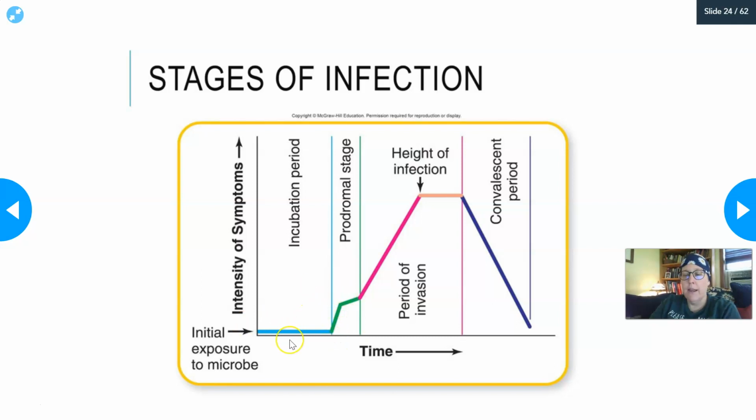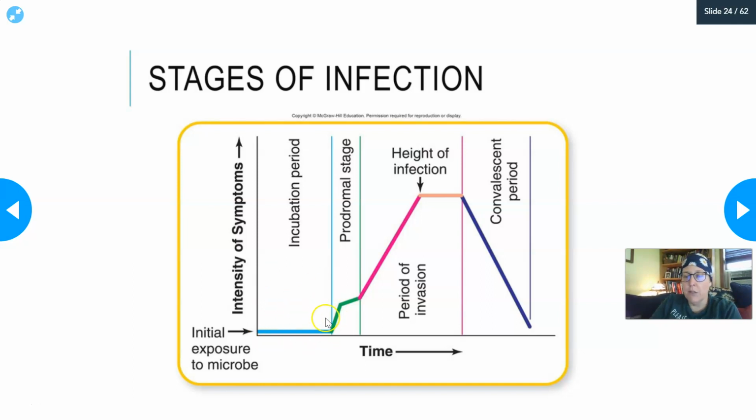Okay, and again, going back to coronavirus, that was part of the problem, is we weren't sure what that incubation period was, and they've pretty much been saying anywhere from a couple of days to a couple of weeks, and that is why the quarantine time has been 2 weeks, because they've said it could be as long as 2 weeks.